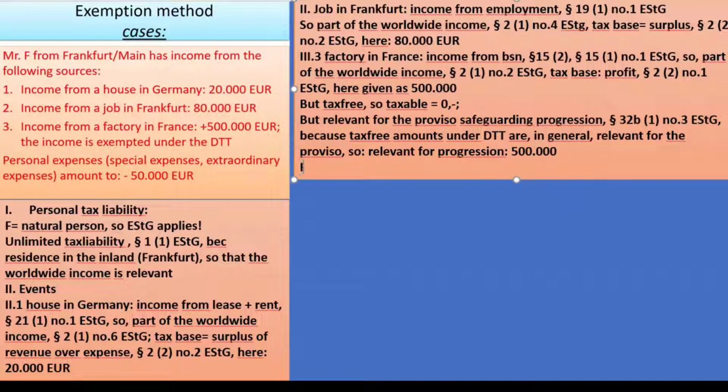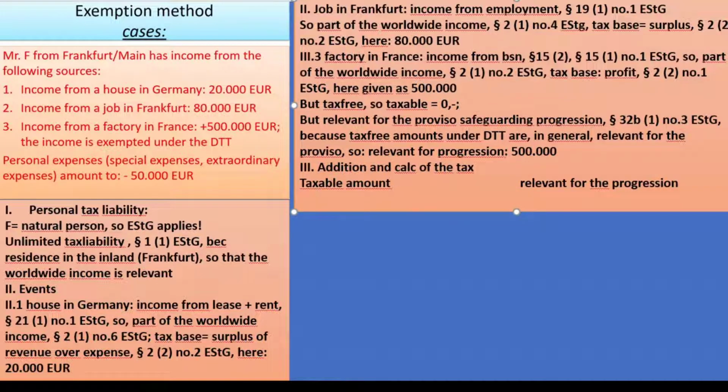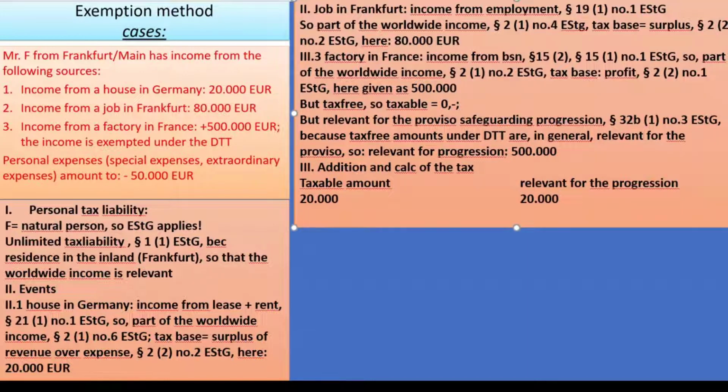Okay, so we go to addition and calculation of the tax. We make two columns, taxable amount and relevant for the progression. So we have a taxable amount of 20, and as it's taxable, it also counts for the auxiliary calculation. That's clear. 80,000, and also that counts.